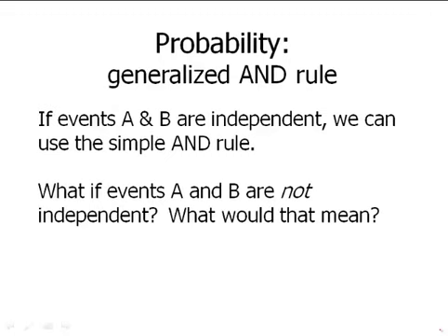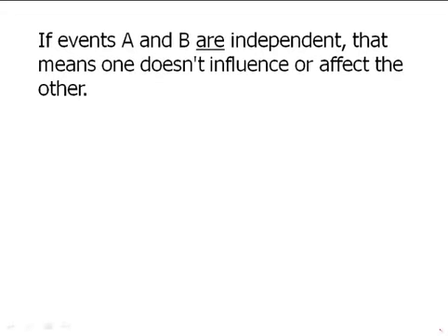First, let's figure out exactly what this would mean. Recall, if A and B are independent, that means one doesn't influence or affect the other at all. So the probability of A happening has absolutely nothing to do with whether B happens or not, and vice versa. One happening does not change the probability of the other.